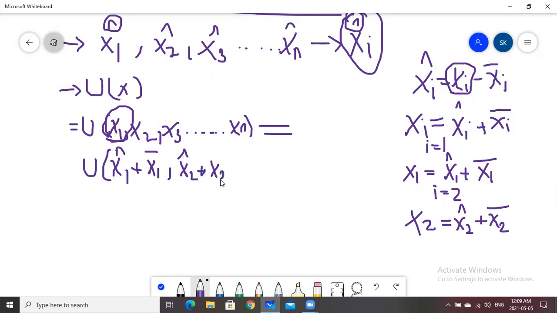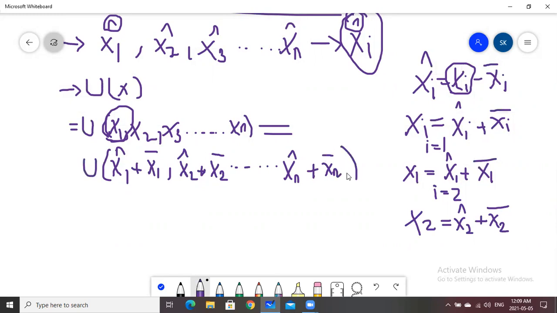I hope now you are getting my point. We are substituting these values over here, and similarly for xn, it should be xn hat plus xn bar.